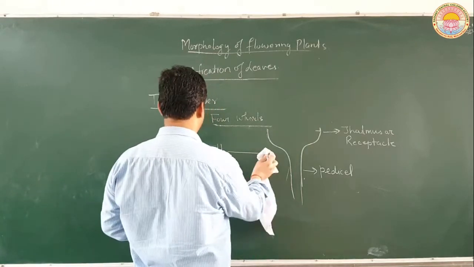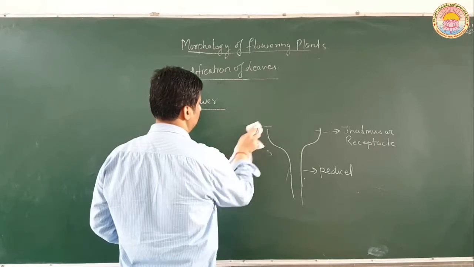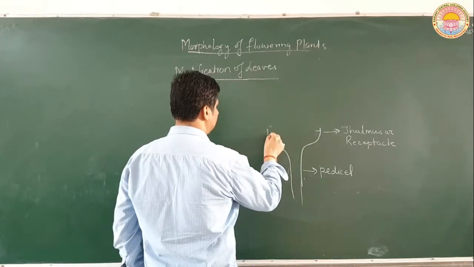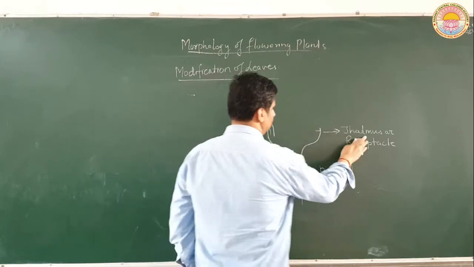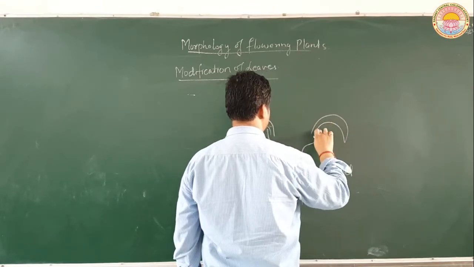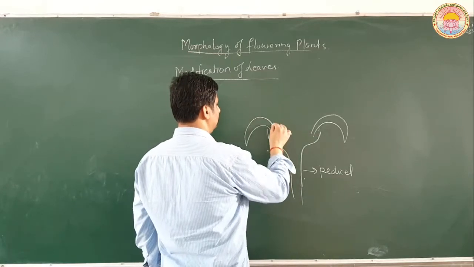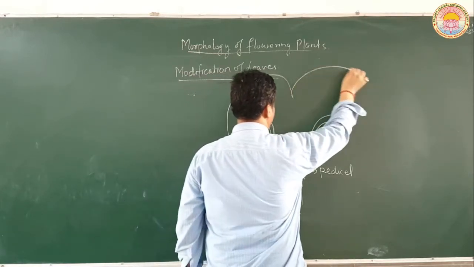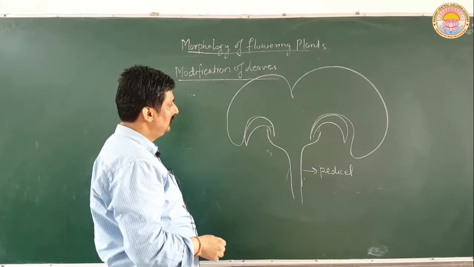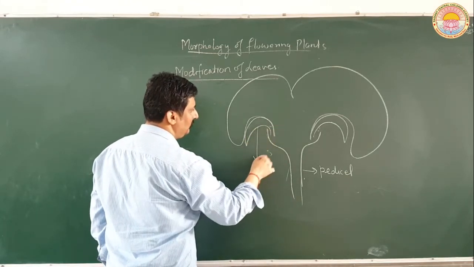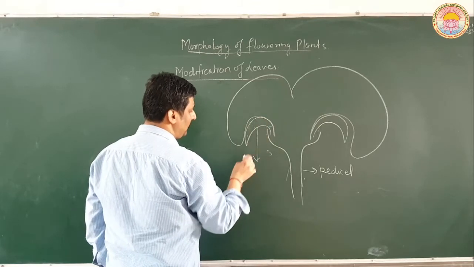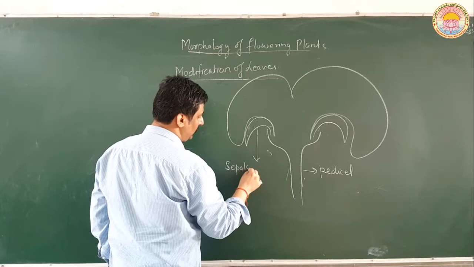Now let us see. You see this portion, the outermost portion, this part is actually the sepals, also called the calyx, C-A-L-Y-X.